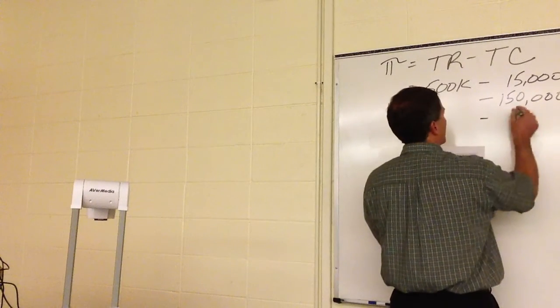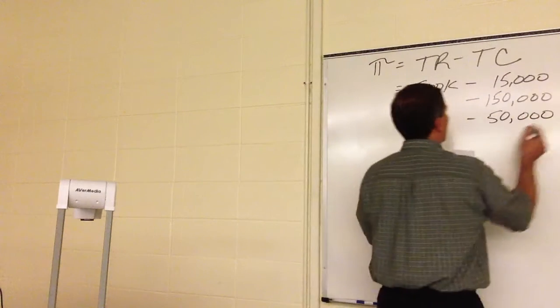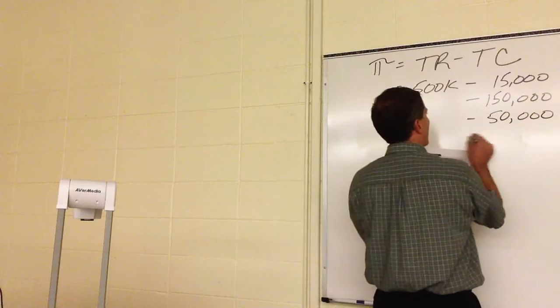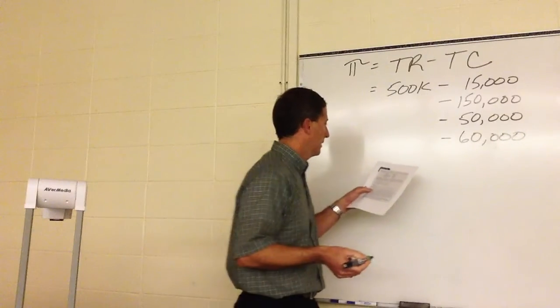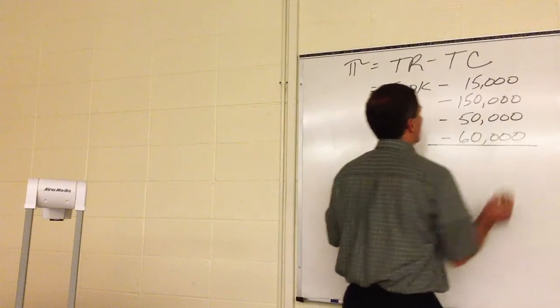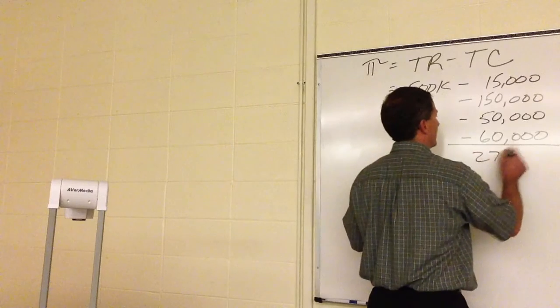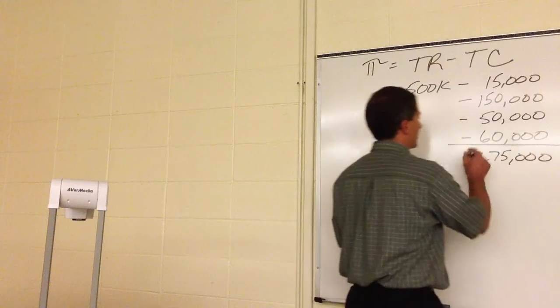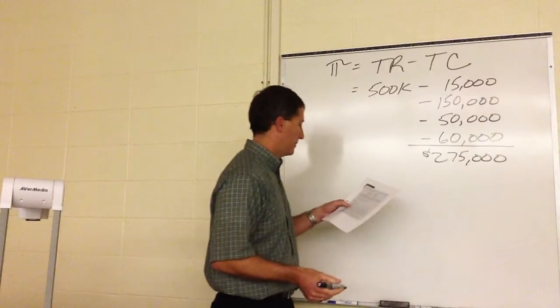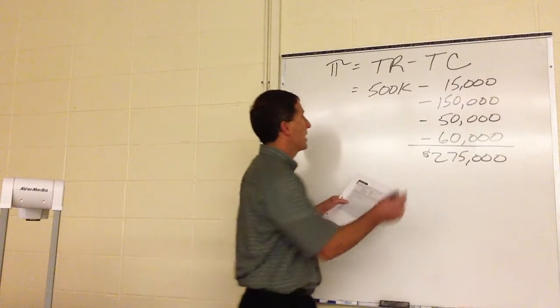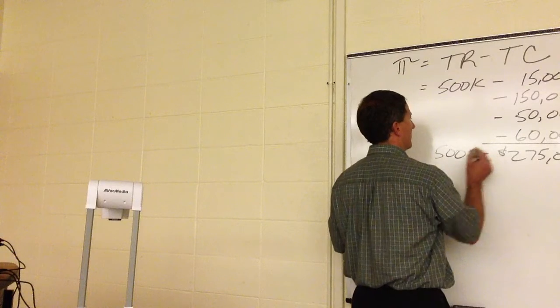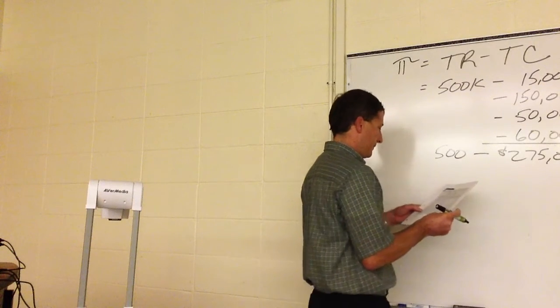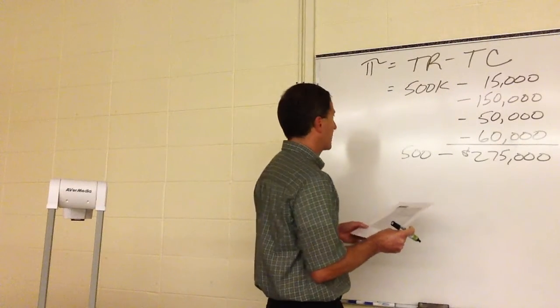Employee salaries, that should count. Dan's salary, that should be okay, right? He can pay himself a salary, that's fine. And if we add these all up, we get $275,000 worth of cost. So 500 minus the 275 would give us our accounting profit.